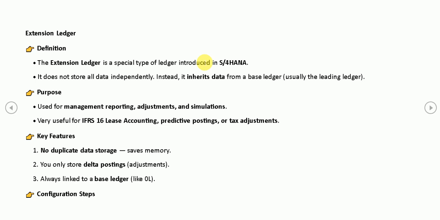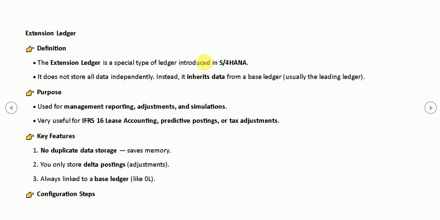Instead, it inherits data from a base ledger, usually the leading ledger. The base ledger is the underlying ledger. So it is a replica of our leading ledger, but it does not store any data in our table.